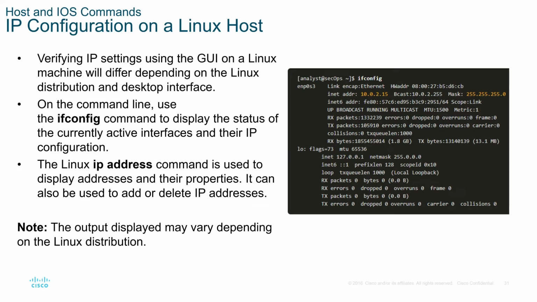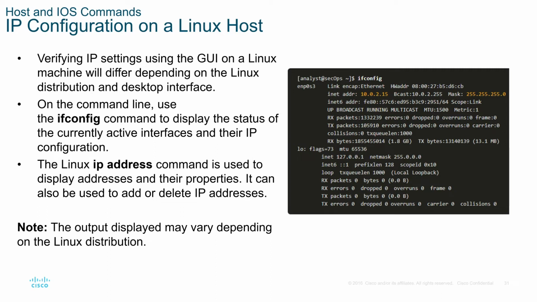We can verify the IP configuration on a Linux host by using the GUI on a Linux machine, and this will differ depending upon which version of Linux you may be using.